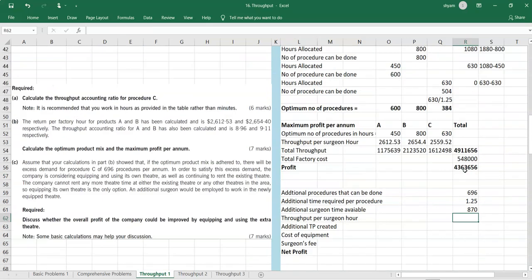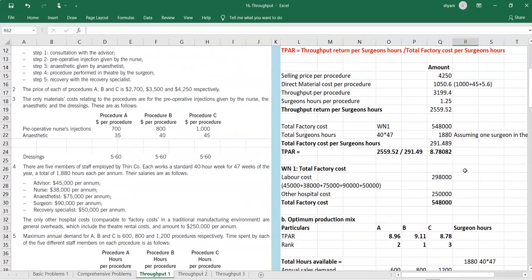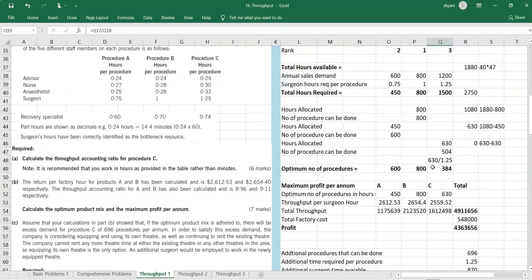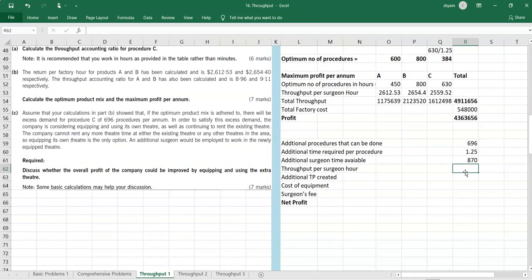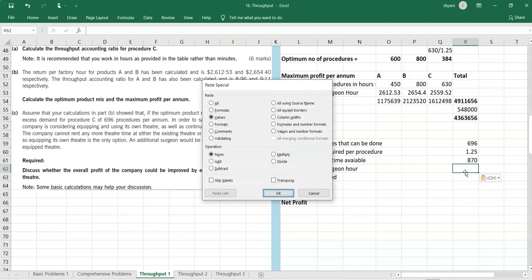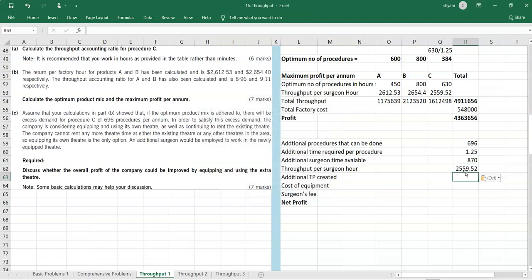So the throughput return per surgeon hour is this number, and we can put it here. What is the additional contribution created? The total number of surgeon hours available is this number, and per hour we will get this return. So this is the total amount that we'll be getting.